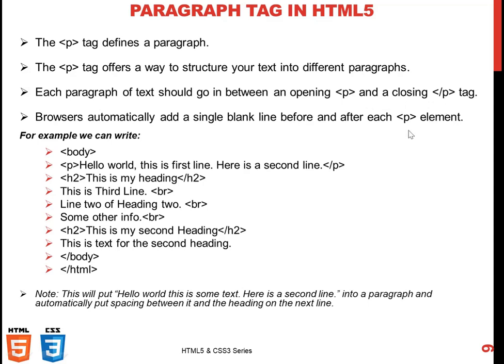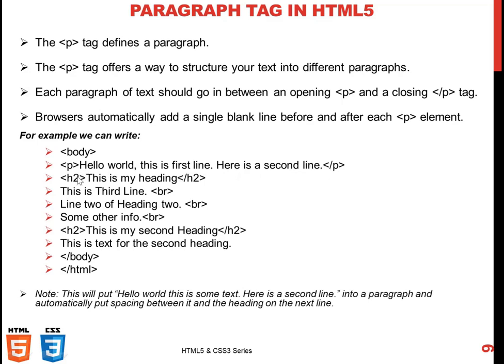So here we have an example. As you can see, we have body tag open and body tag close. We have HTML as well, but somehow the HTML starting tag is missing here. Anyhow, we have a p tag open here and it is closed at the end of the line. We have hello world, this is my first line, here is the second line.